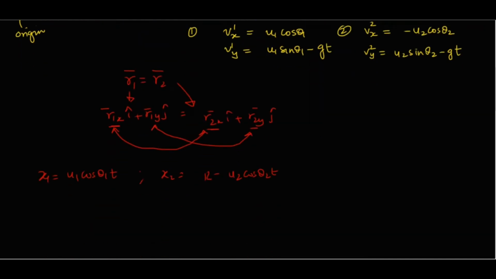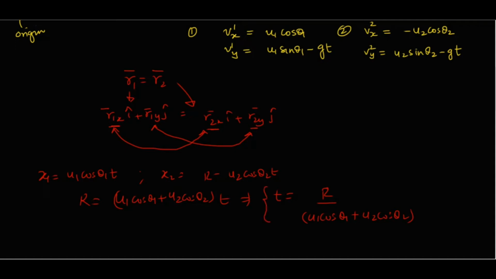So if I'm going to solve for it, I'm basically going to get r is equal to u1 cos theta 1 plus u2 cos theta 2 into t, and this time can be written as r by u1 cos theta 1 plus u2 cos theta 2.